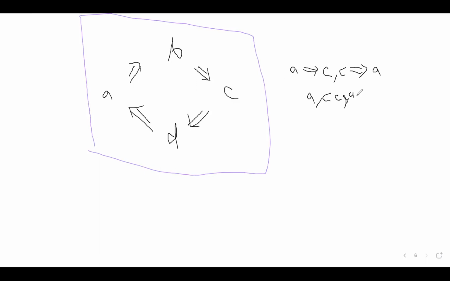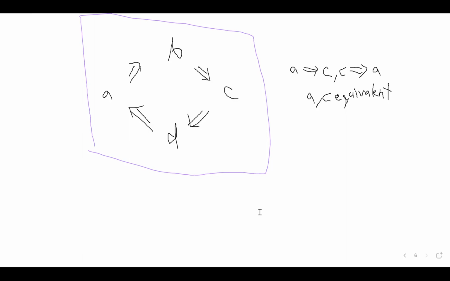Okay, but there's nothing special about A and C. If you take any two of these statements, you choose any two different statements here, you could show each implies the other, and that means that they're equivalent. Okay, and so that's why if we prove that goal, then we are done showing that all four of these statements are equivalent.